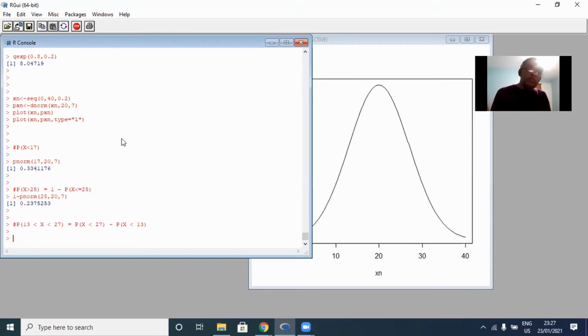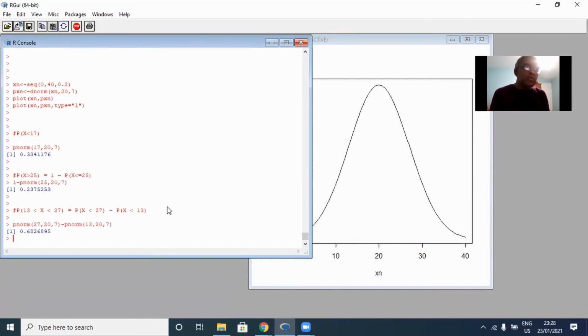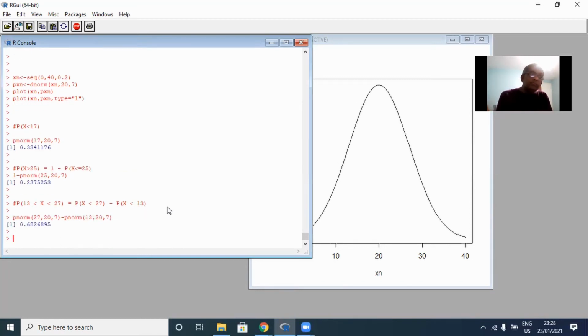Remember, for a continuous random variable, less is the same as less than or equal to, and greater is the same as greater than or equal to, so there's no difference. So the right-hand side can be computed as pnorm at 27 minus pnorm at 13. So this is what you get, right?